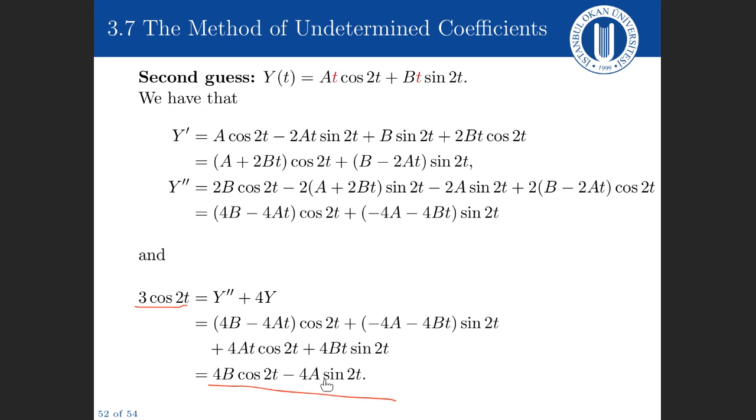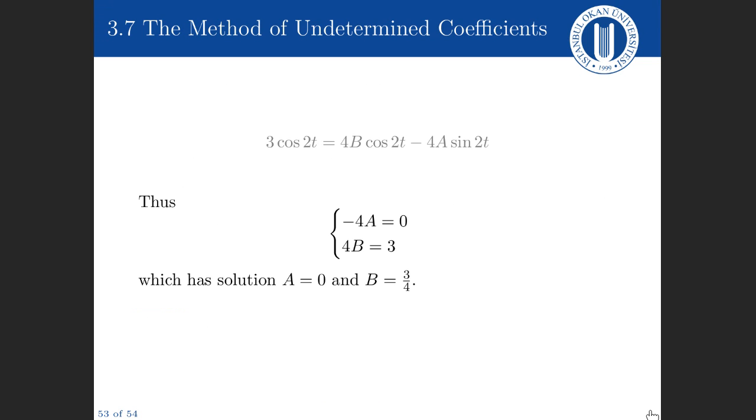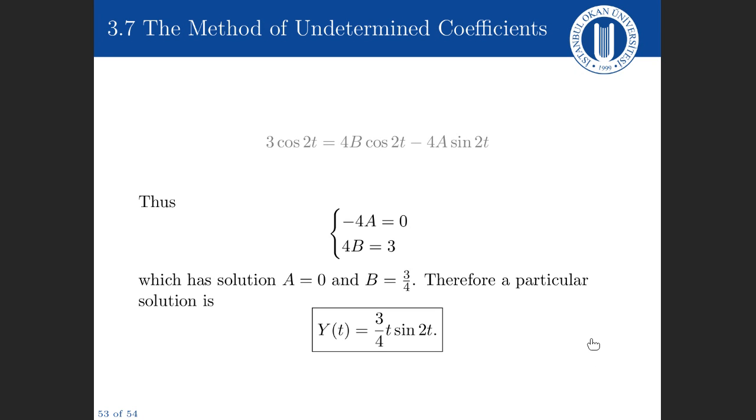Straight away, you can see minus 4A must be equal to 0, and 4B must be equal to 3. So we must have that A is 0 and B is 3/4. Then we're finished. Then we have our particular solution, 3/4 t sine 2t.